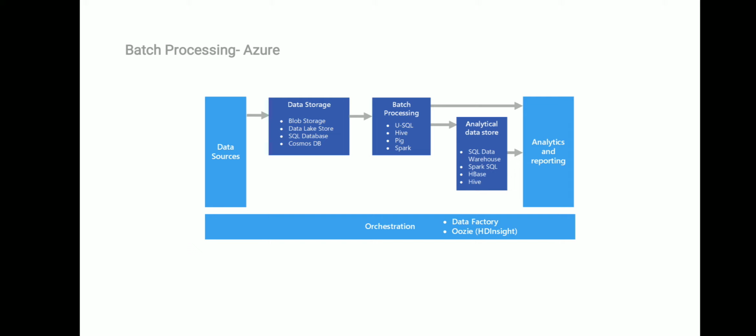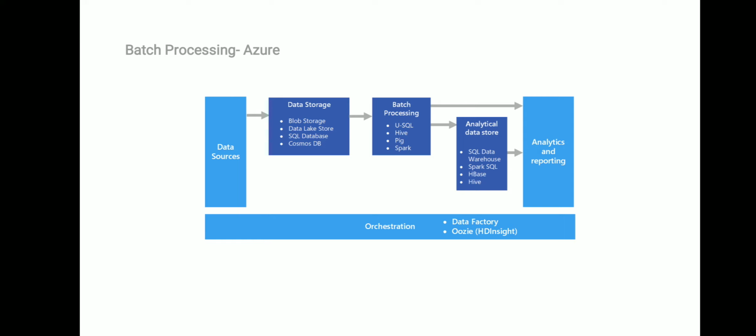Okay, so now when it comes to data storage, we looked at the flow in the common components, the different components. Now I map those components to the different services which are available. For instance, for data storage, you can use Blob Storage, Data Lake Store, SQL Database, or Cosmos DB, depending upon the type of analysis you are doing and the type of data sources you have.